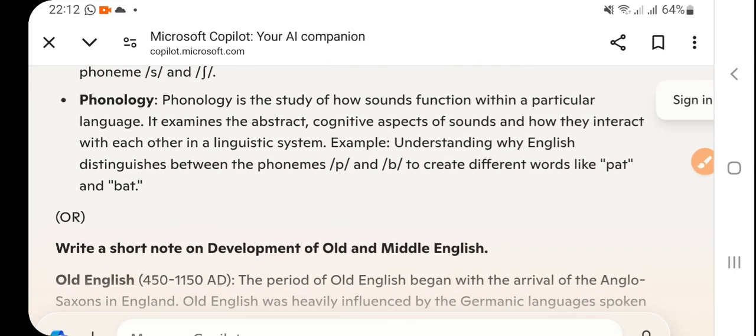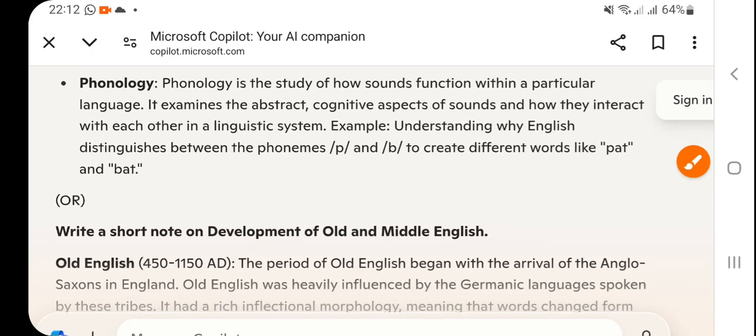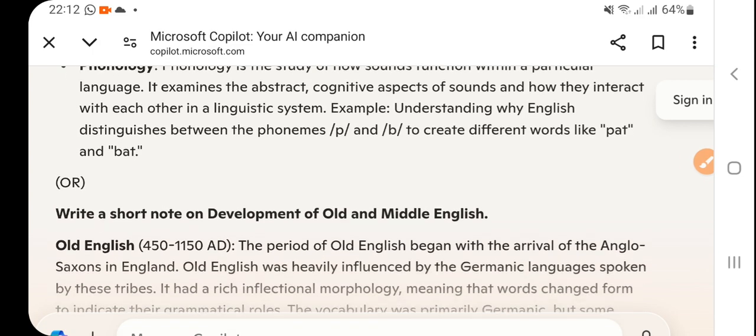And phonology is the study of how sounds function within a particular language, right? It examines the abstract cognitive aspects of sounds and how they interact with each other in a linguistic system.